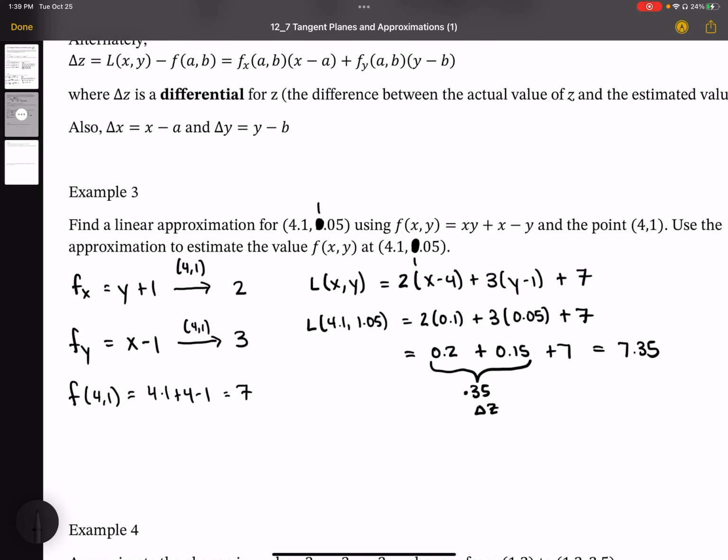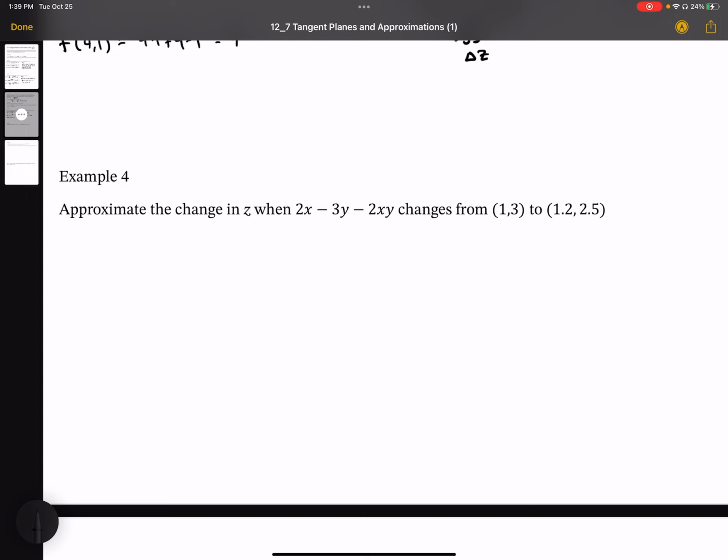And so that's what we're going to find on example 4: given a function and a change in X and Y, how much do we expect Z to change by? So for example 4, what we're asking is, what's the change in Z if X changes from 1 to 1.2?